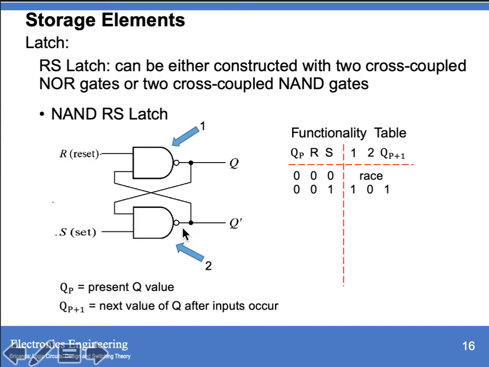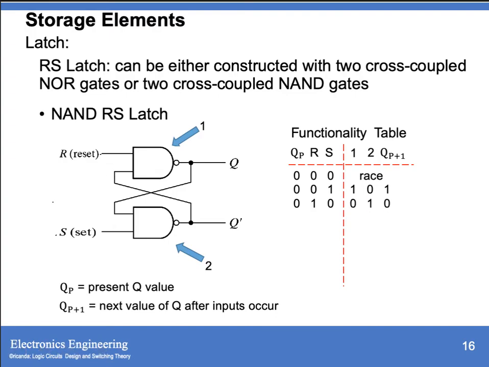So Q plus 1 is 1. Then for input R is 1 and 0 for S. We begin with S equivalent to 0. If this is equal to 0, then we have an output here equivalent to 1. 1 NAND 1 is 0. So therefore, we have 0 for your NAND 1 and 1 for your NAND 2.